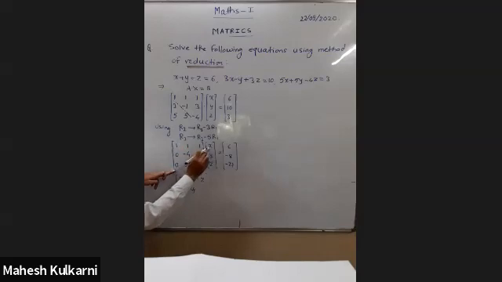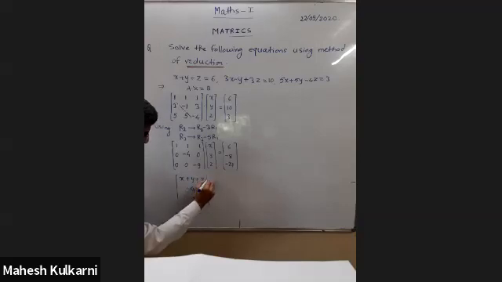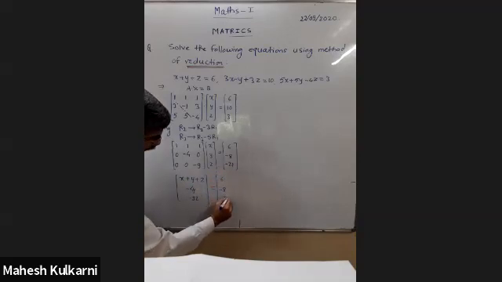And in the third row 0 into x, 0 into y, minus 9 into z. Now the multiplication is done, so on the right hand side directly write 6, minus 8, minus 27.